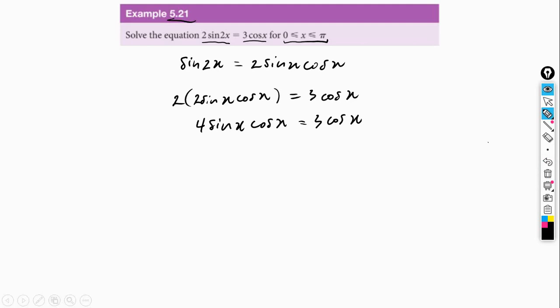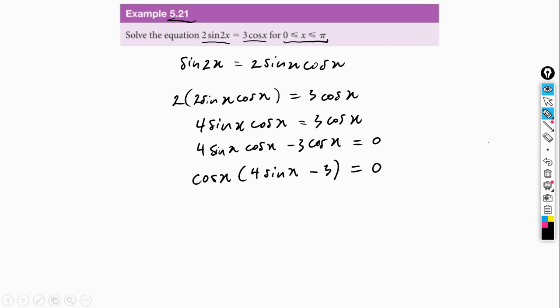So this can be written as 4 sine of x cosine of x minus 3 cosine of x is equal to 0. And then we want to factorize. So notice that cosine of x is actually a common factor. So we can say cosine of x times 4 sine of x minus 3 is equal to 0. And then we have that cosine of x is equal to 0, or sine of x is equal to 3/4.